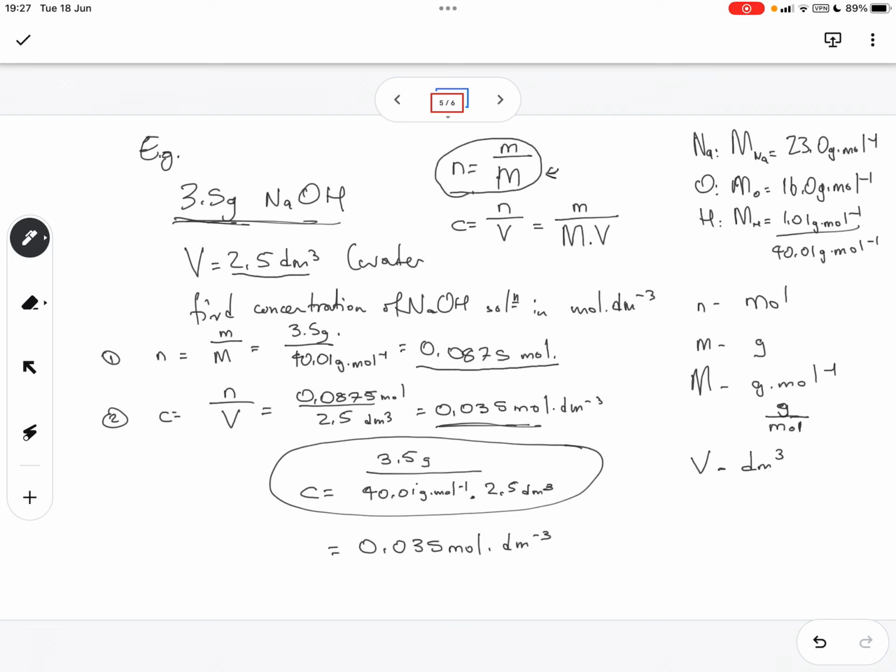And here, when we have the mass divided by the molar mass, it's the same as having grams divided by grams per mole, which is grams times mole per gram, and the answer there simply gives us mole, which is the unit for number of moles.